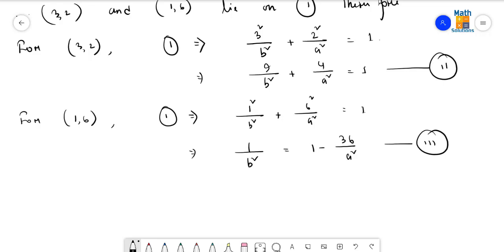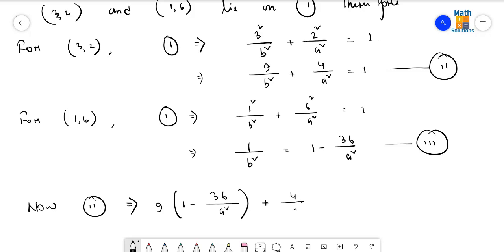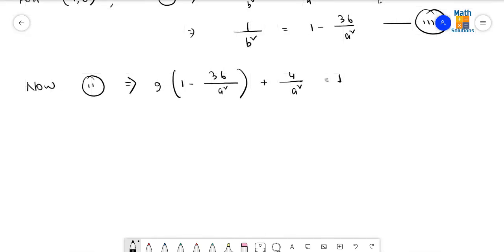So let us put this value of 1 by b square in 2. Now 2 implies, so I shall keep aside 9. In place of 1 by b square, what can I put? This result I can substitute. Plus 4 by a square is equal to 1. And then I have to simplify.